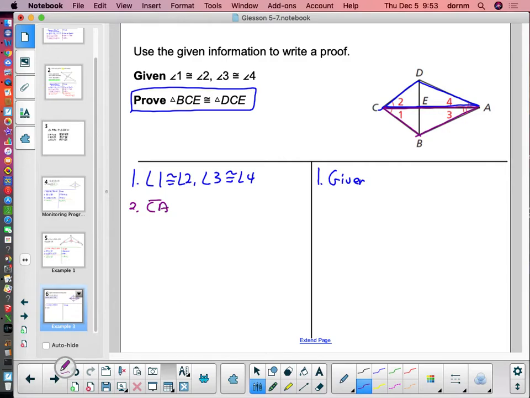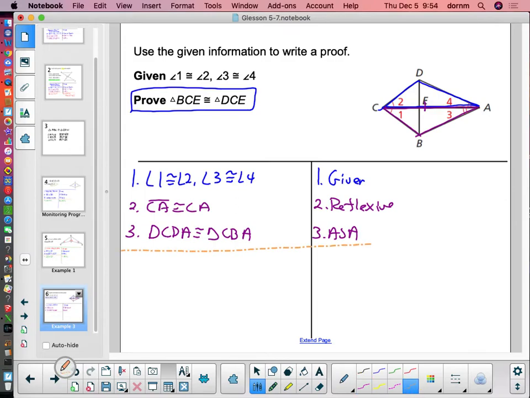So CA is congruent to CA, that's reflexive. So now I have angle, side, angle, don't I? So that gives me triangle CDA is congruent to triangle CBA. Awesome. I'm going to draw my little line in there.